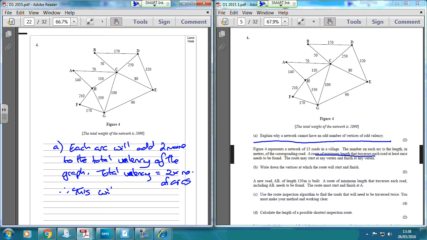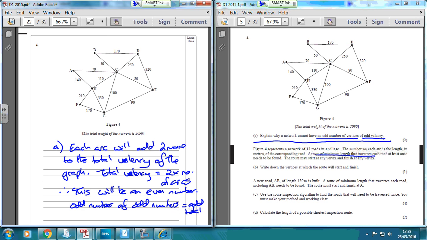So therefore, this will be an even number. Now, if you have an odd number of vertices with odd valency, you're going to have an odd number of odd numbers, which will equal an odd total.